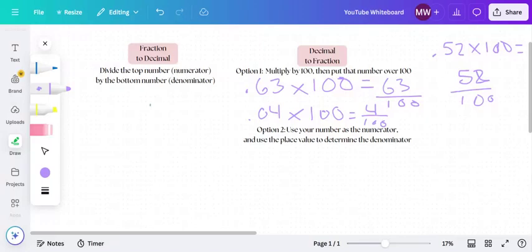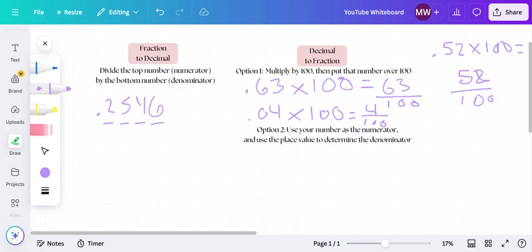Another option for decimal to fraction would be to use the number from your decimal as the numerator, and then use the place value of that number to determine the denominator. What does that mean? So remember, when we look at decimals, or any number, everything has a place value. So if I had this decimal, I would have the tenths place, then the hundredths place, then the thousandths place, then the 10,000ths place.